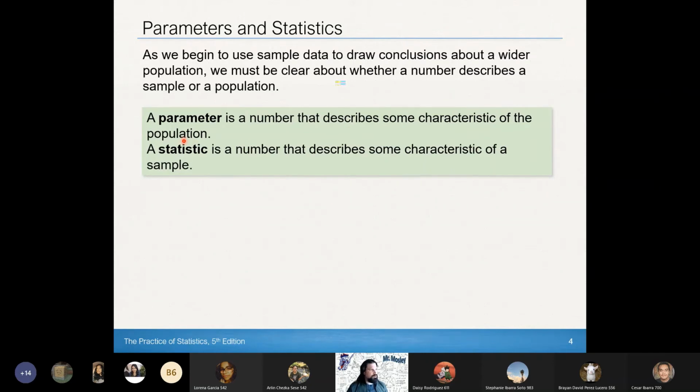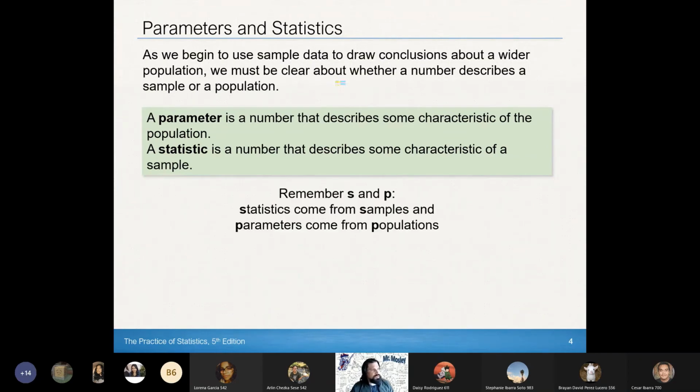Parameter, population, P. A statistic is a number that describes some characteristic of a sample. Statistic, sample. So this is the way to help remember which one goes with which. Remember, S and P. Statistics come from samples and parameters come from populations.